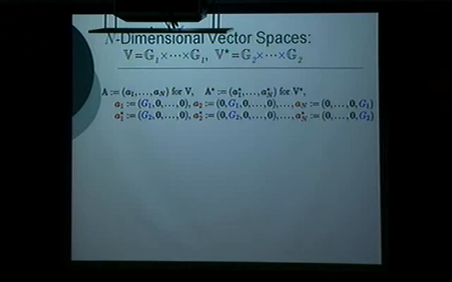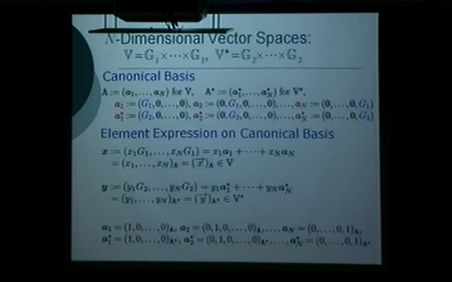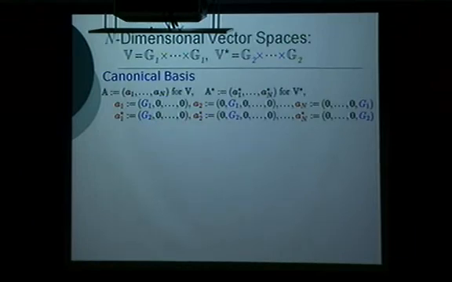Next step: a vector space has some basis. So an n-dimensional vector space has a basis with n elements. So the canonical, typical basis is this form of a canonical basis.